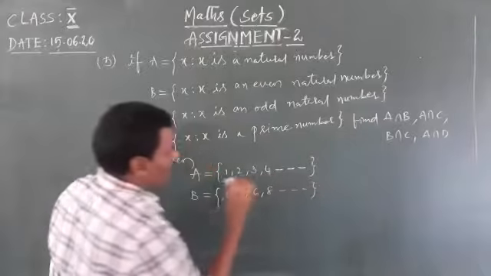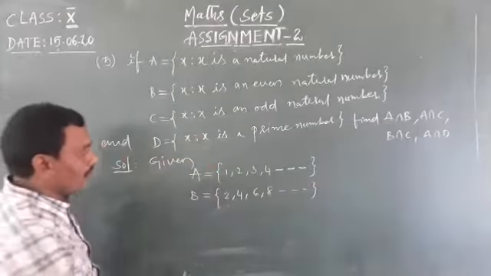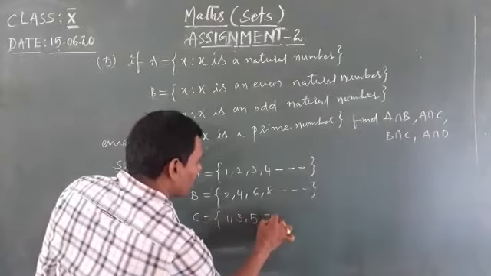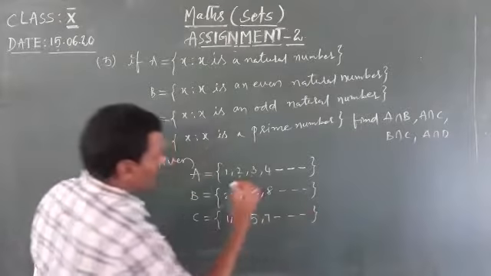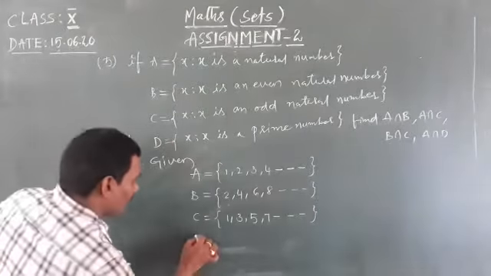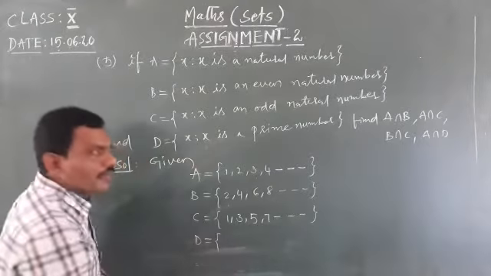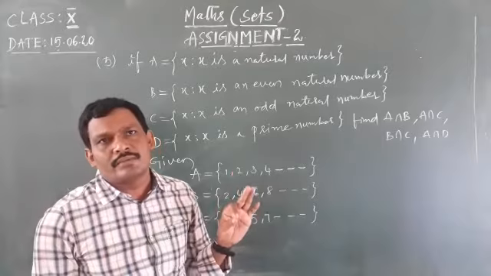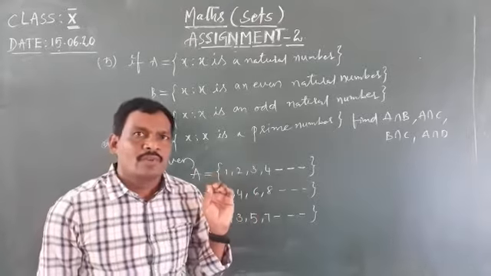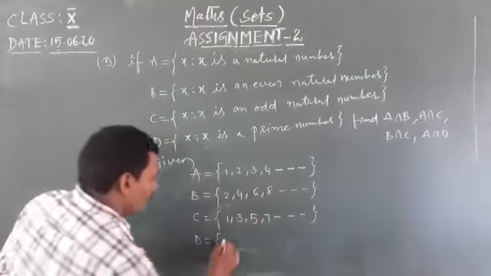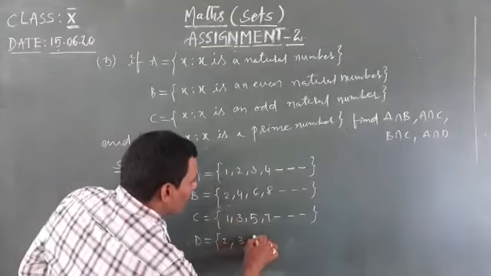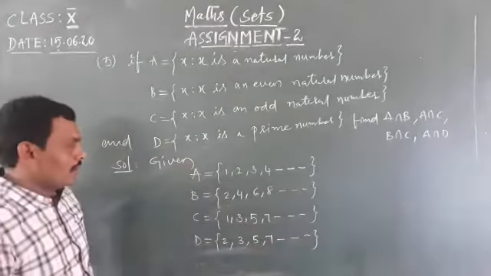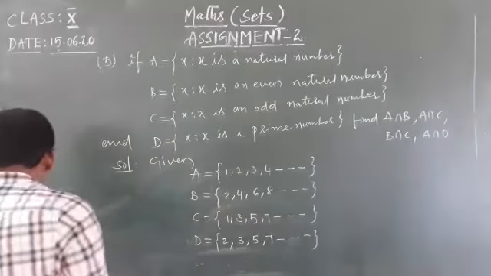C is the odd natural numbers 1, 3, 5, 7. D is the prime numbers. A prime number is a number that is divisible only by 1 and itself. The first prime numbers are 2, 3, 5, 7.